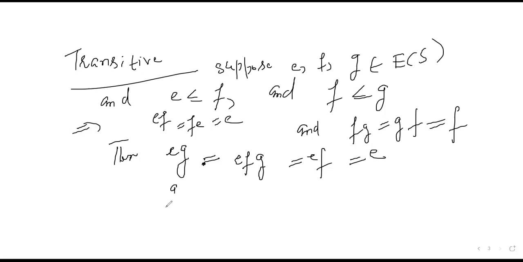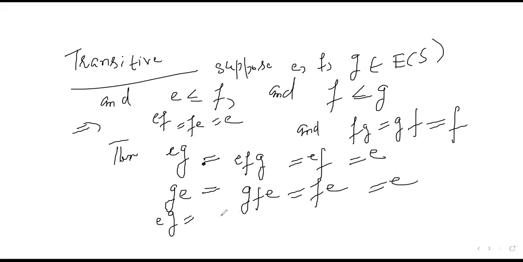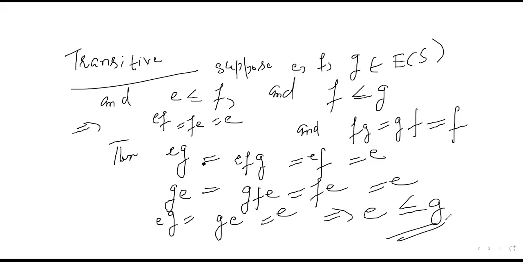Now let us take ge, again e is same as fe, so this is gfe, and gf is same as f, so this is fe, but fe is same as e. So what I'm getting here is eg equals ge equals e. If you see the definition of the relation, this implies e is less than or equal to g. Therefore, the given relation is a partial order.